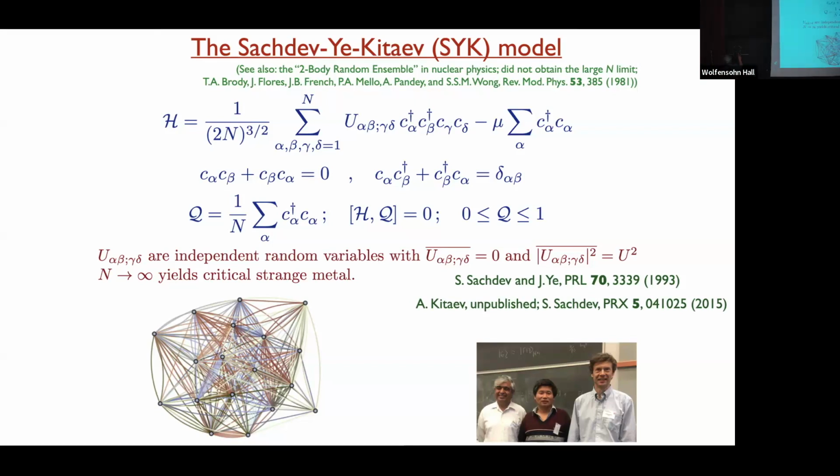Sorry, this is the U, and these are the fermions. But now if you average this, because the average value of U is 0, this is just 0. Okay, so then you go to next order. At next order, you will get the following graph. You have a U here, and another U here.